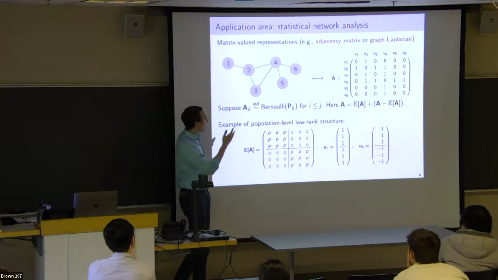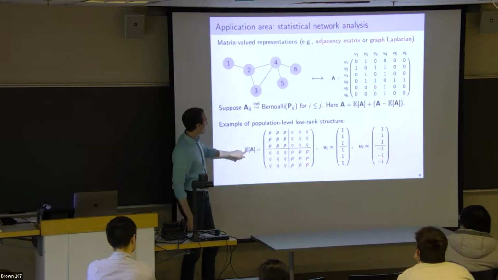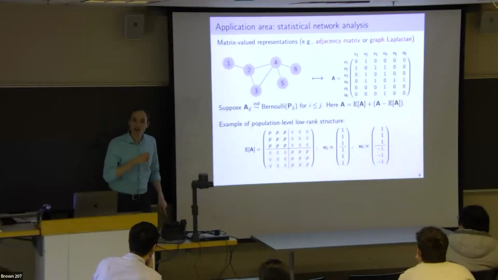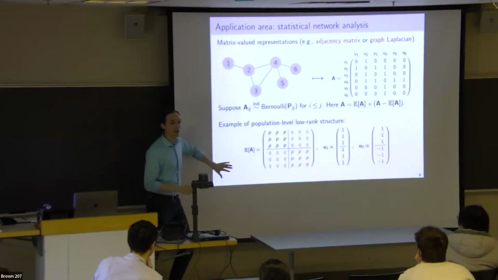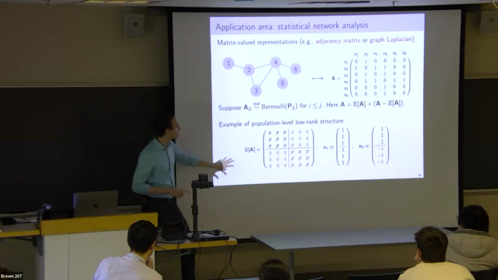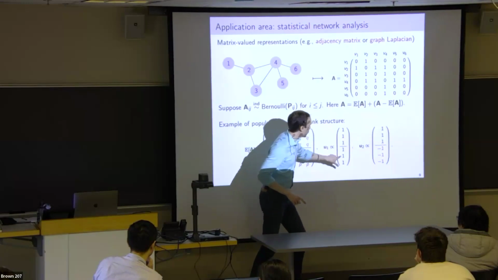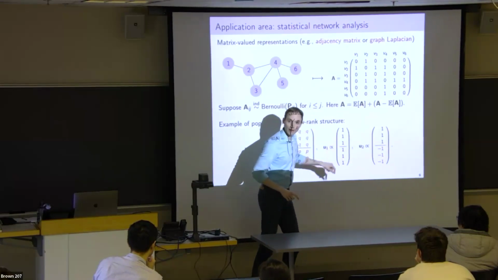So now, if we posit such a model where the expectation of A has low rank block structure, then we're putting this example into the language of the previous slide. So this is our M matrix now, right? These are our U vectors up to scaling, our eigenvectors.